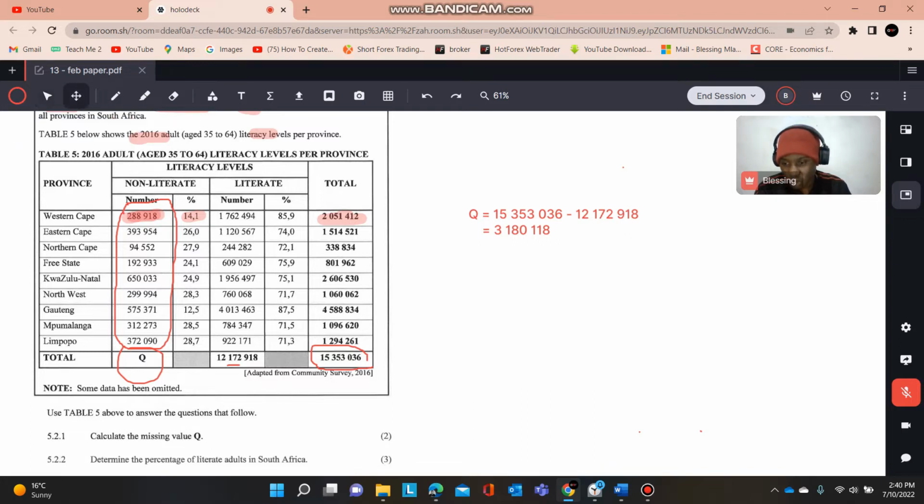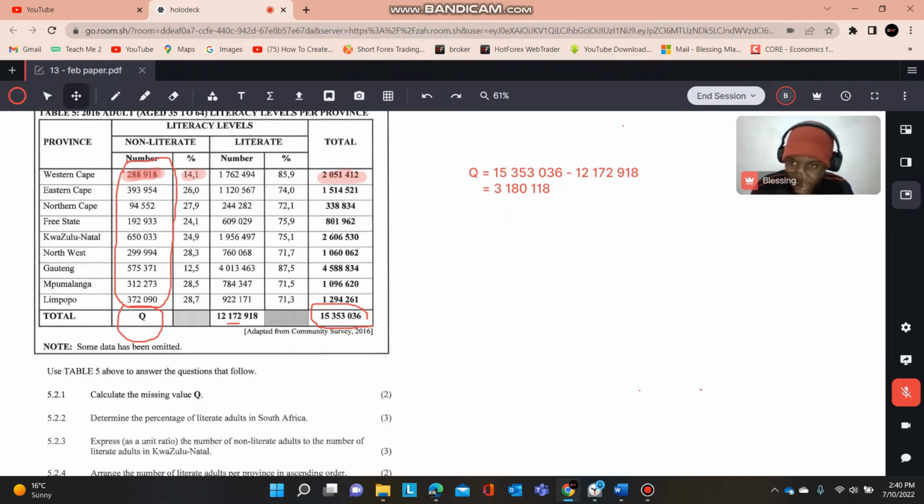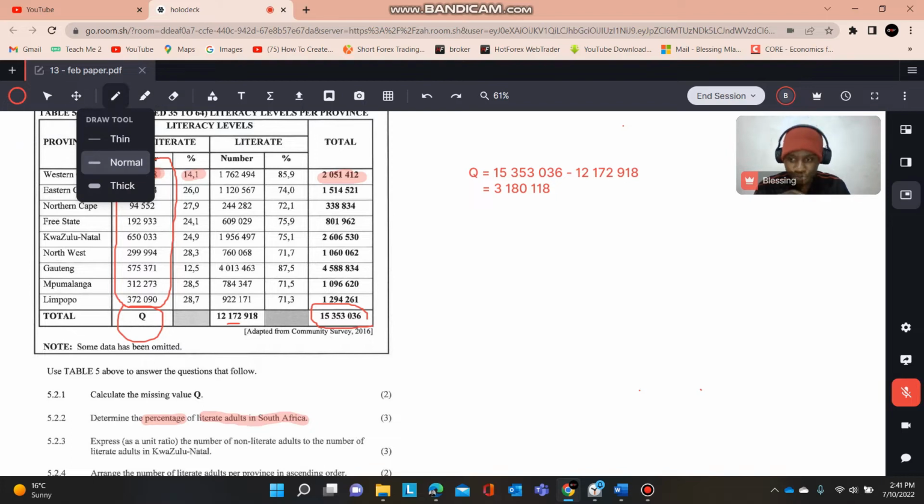So let's go to 5.2.2. They say determine the percentage of literate adults in South Africa. So we're looking for the percentage of literate adults in South Africa. What you have to do here is look for the total number of literate adults in South Africa, and then find the percentage of that number over the total number of adults in South Africa.